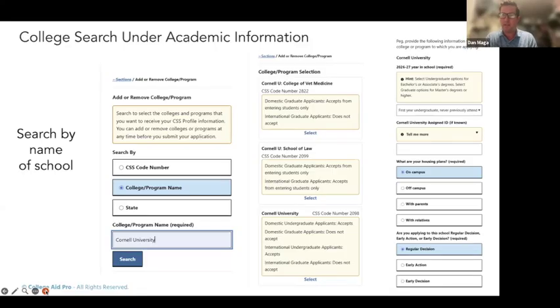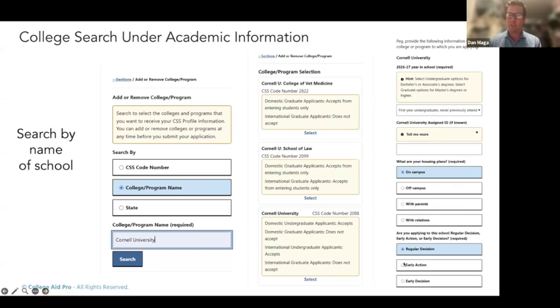People are like, well, my kid's not applying to the engineering college, but it's considered Columbia. Anyway, very confusing. Columbia makes it brutal, but you've got to double check. Most schools, you're just going to see one pop up, but if you do see multiple, you've got to be concerned about making sure you're sending it to the undergrad school and not the vet school.